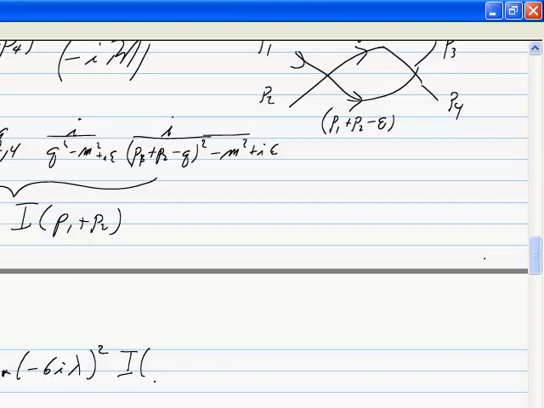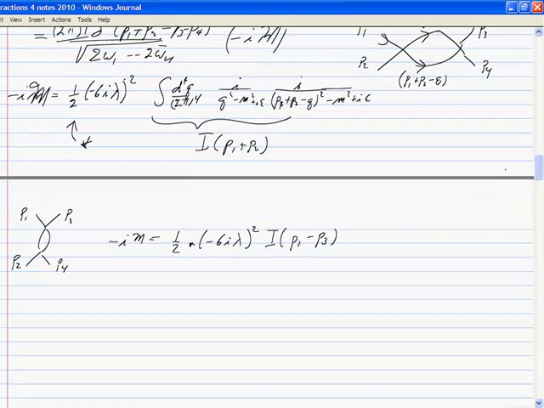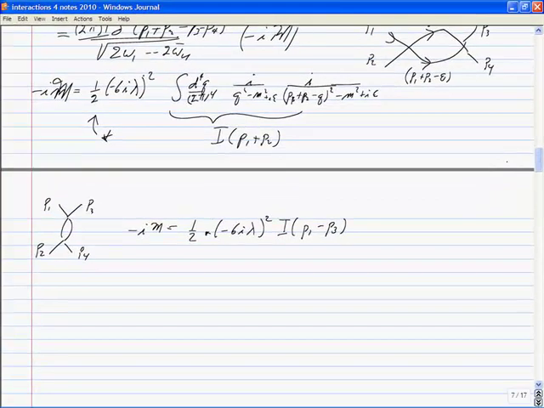It's the integral d^4q, just like above, with propagators. The only difference is that you end up with p1 minus p3. It's the same integral, but it's a function of p1 minus p3. Let's see how you can see that.